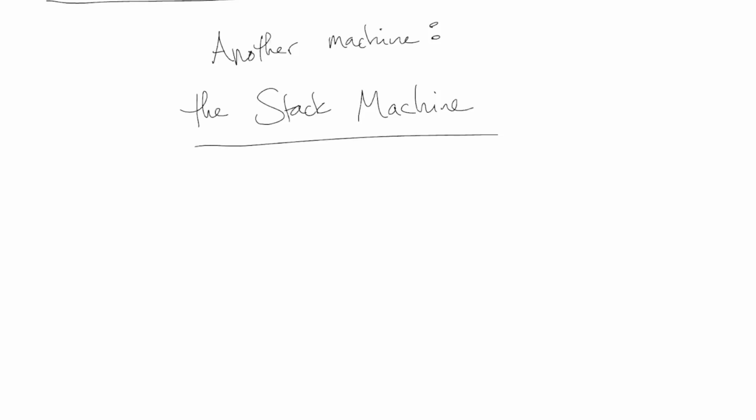So this is another machine that, this one we really are going to think of like a machine, similar to an NFA or a DFA, although the stack machine doesn't have states in the same way as NFA and DFA do. But anyway, this is another sort of abstract machine for accepting or rejecting strings.